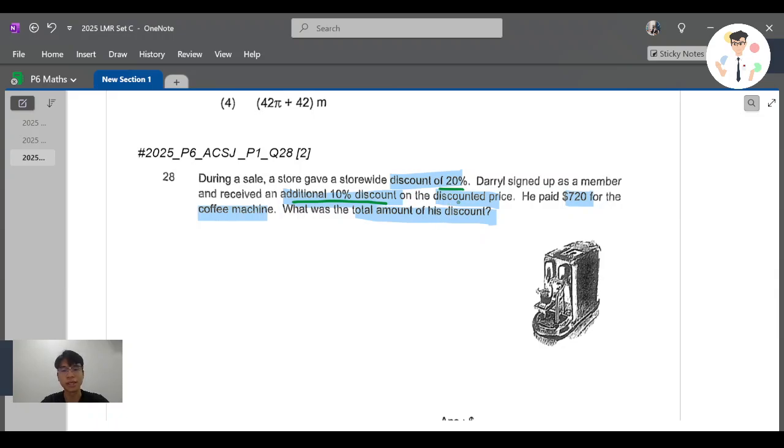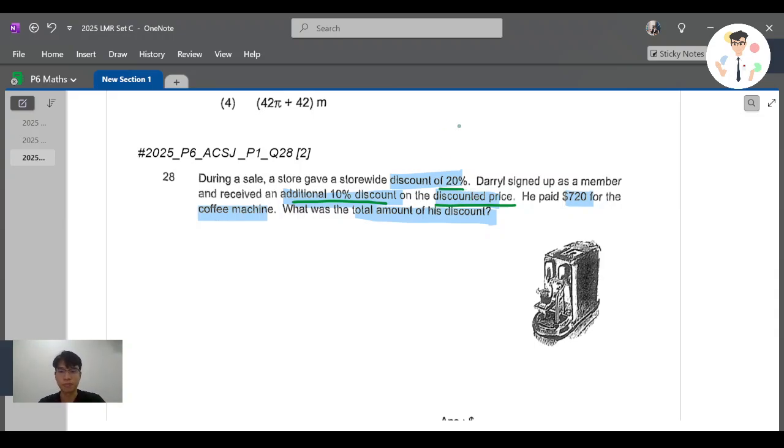Because the keyword here that is very important is discounted price. It means that this 10% is on the discounted price, not the original price. Perhaps you can do 10 plus 20 if this were on the original price, but unfortunately, this is on the discounted price.